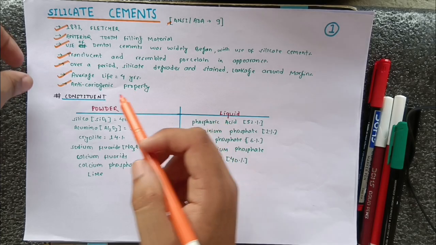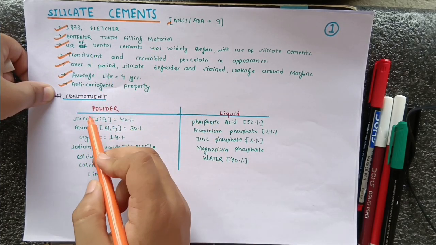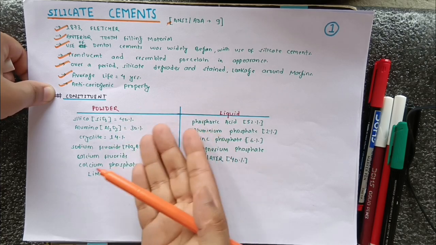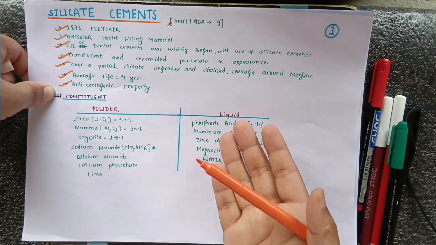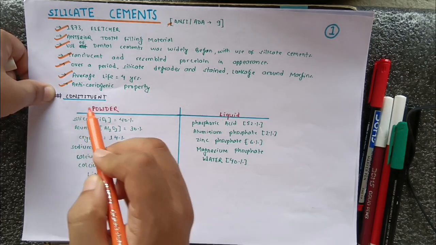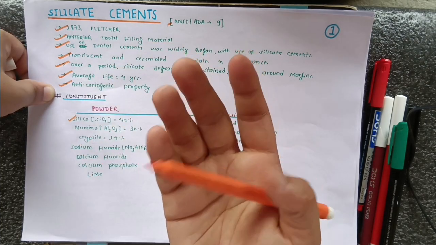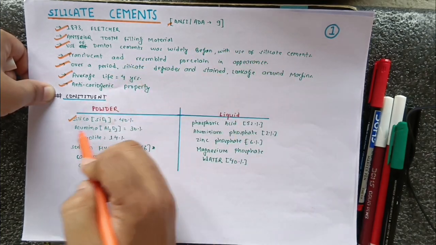Now we will study the constituents of silicate cement, and I have prepared a proper table. One column is for powder and another column is for liquid. In the powder, the main constituent is silica, as the name silicate cement suggests.